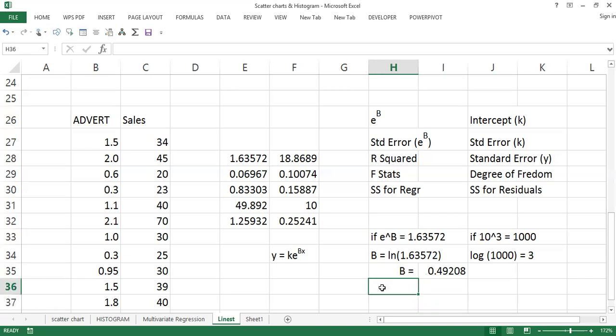Which means our equation, our model, is y equals what? So can you give it to me now?